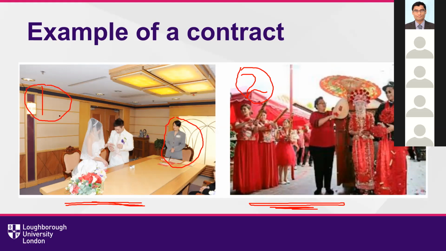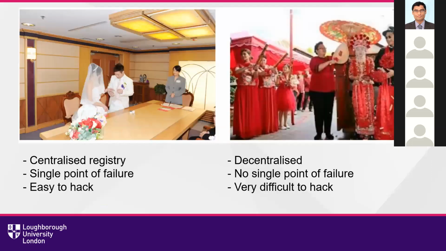The first one looks more secure, but it is quite centralized, right? Our weddings are registered in these registration books. So it's a centralized registry, and if somebody steals this registration book, or manipulates it, then pretty much your wedding will disappear, right?